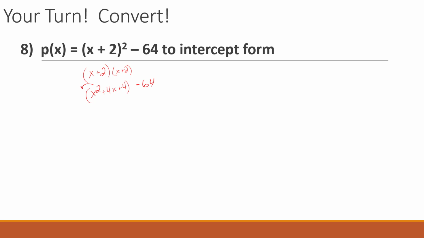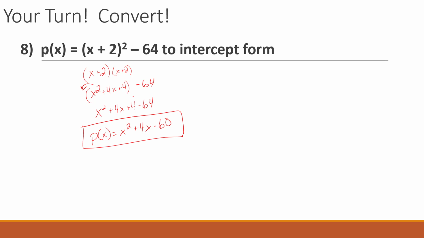Again, there is no negative in front of the parentheses, so we can drop all of the parentheses. x squared plus 4x plus 4 minus 64. Where we finally end up with p of x being equal to x squared plus 4x minus 60.